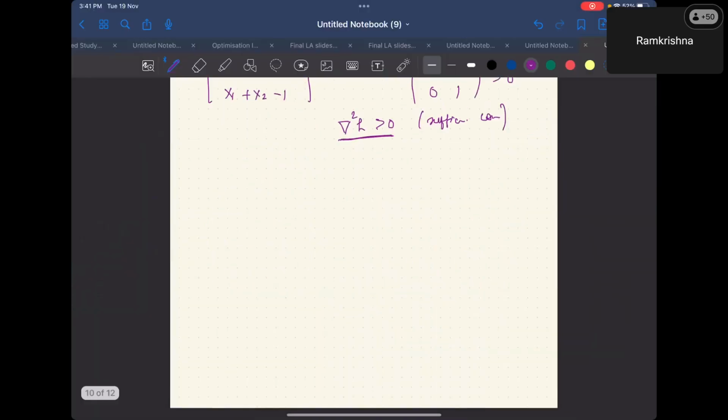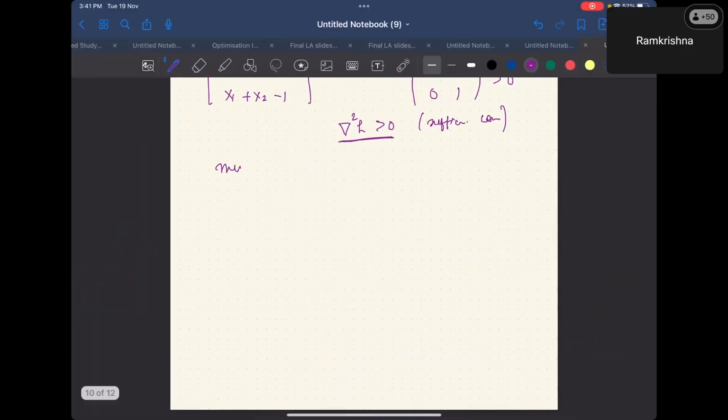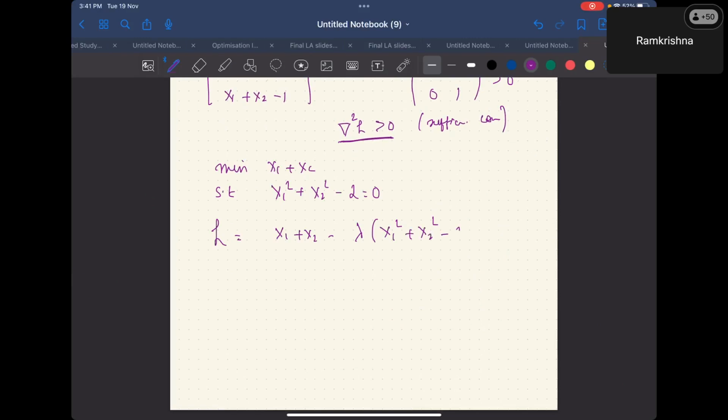So the problem was to minimize x1 plus x2 such that x1 square plus x2 square minus 2 equal to 0. So the L here would be x1 plus x2 minus lambda times (x1 square plus x2 square minus 2).